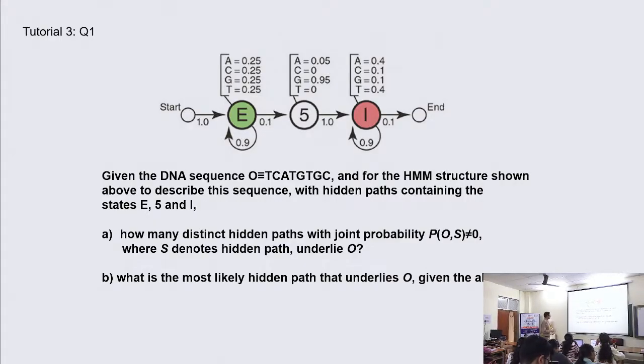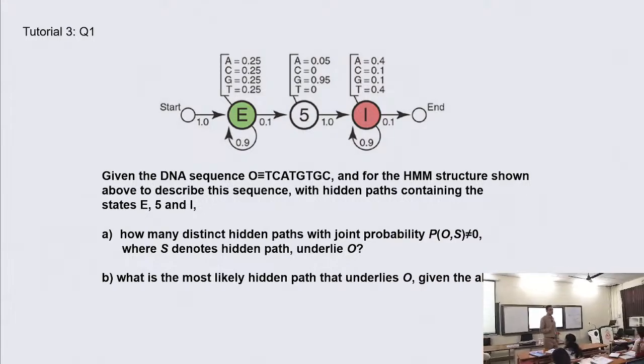Now the next question is, what is the most likely hidden path that underlies observation sequence O given the above HMM? How will you compute this? You have to find the most likely hidden sequence, and once you have found it, you know where the splice site is. The probability is 95%, but still I don't know which is the splice site.